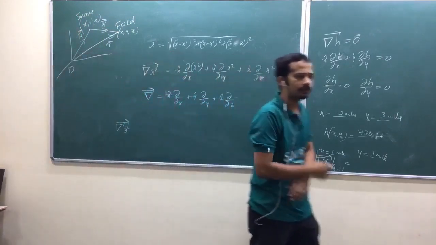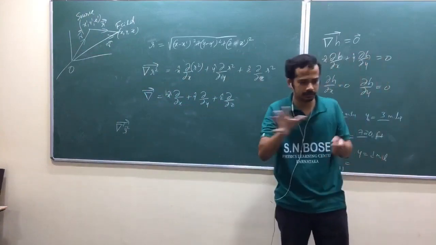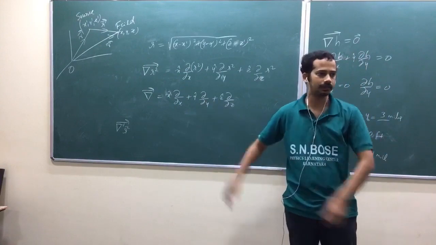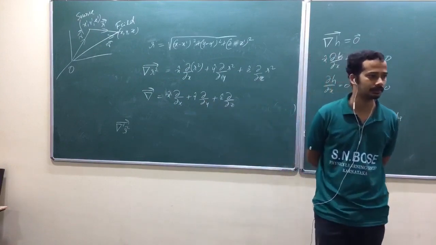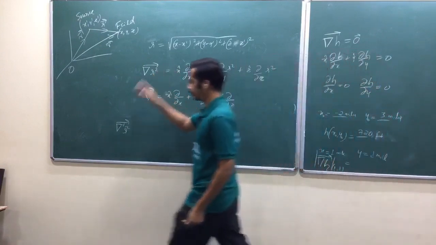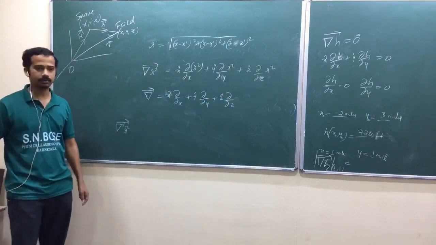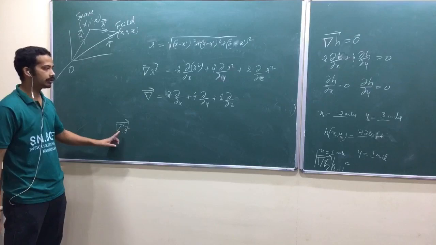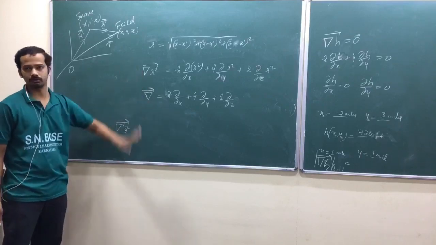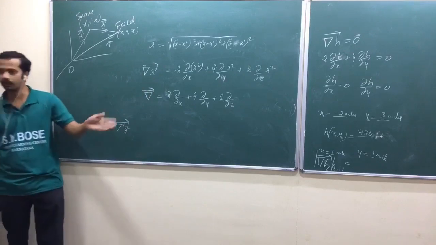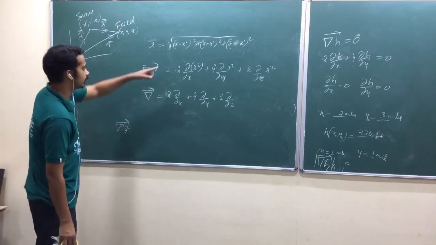If you take derivative with respect to the source point, you are talking about some property of that source. That again we shall study in electric fields in matter. So in the first chapters, up to the 3rd chapter, we are talking about derivative with respect to the field point only. Only when we talk about polarization and all, we will talk about derivative with respect to the source point.